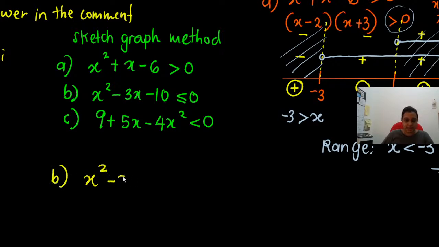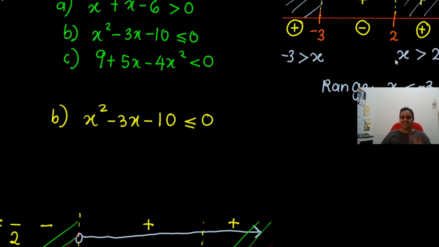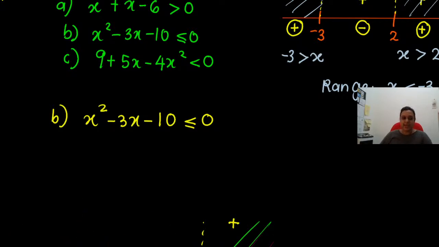X squared minus 3x minus 10 smaller equals to 0. Okay. From here, make sure it's in general form. And second step, let's find the roots. Okay.